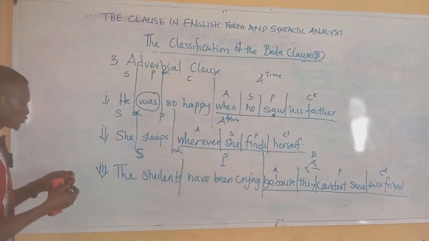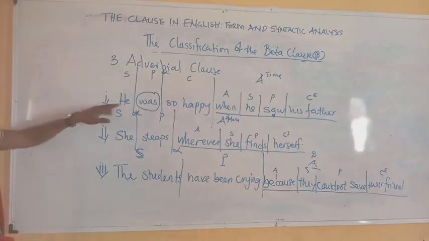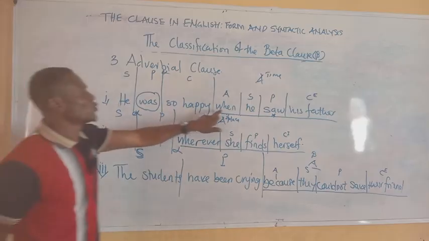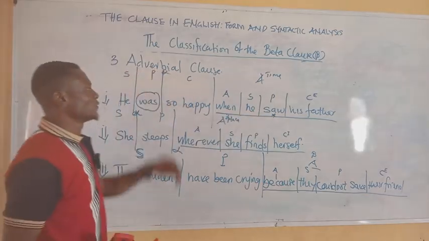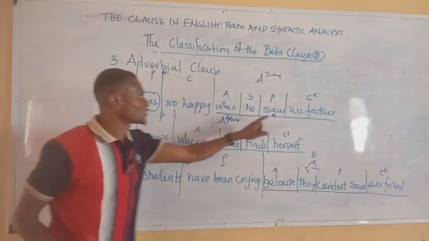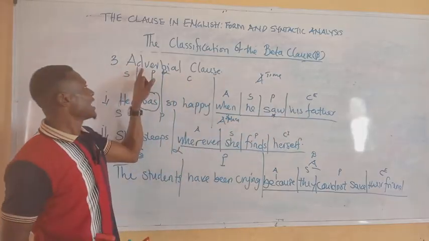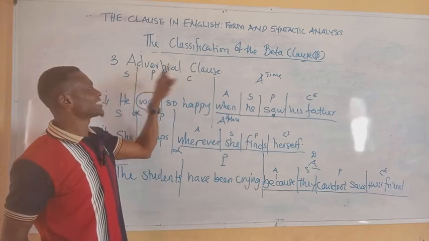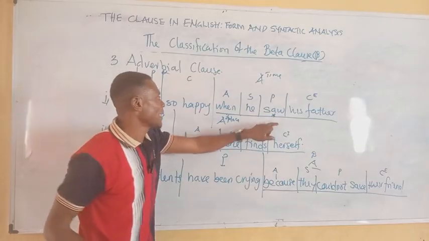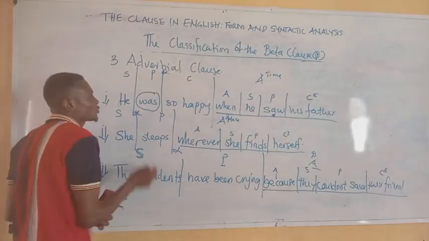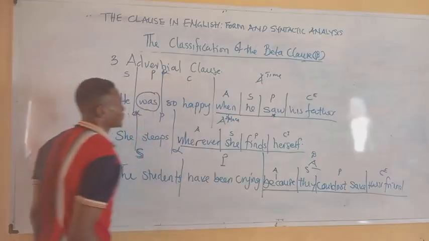Now, coming back to number one, to look at the grammatical function of example number one, which is when he saw his father. The grammatical name of this underlying expression is called adverbial clause. The reason why it is an adverbial clause is because there is the presence of a verb there, which is a predicator. So what is the function of the underlying expression now?